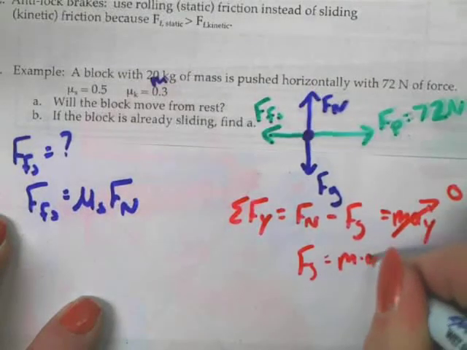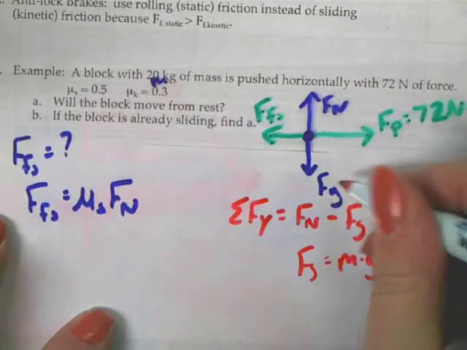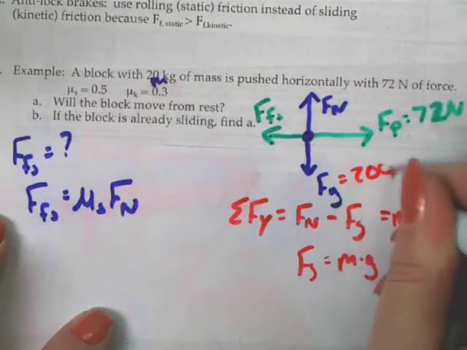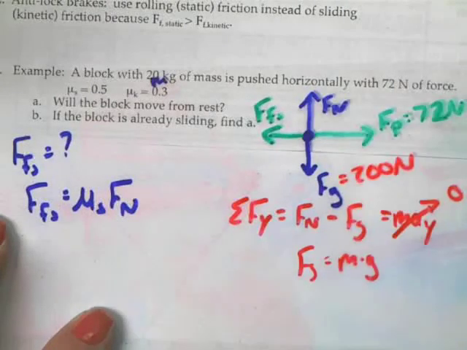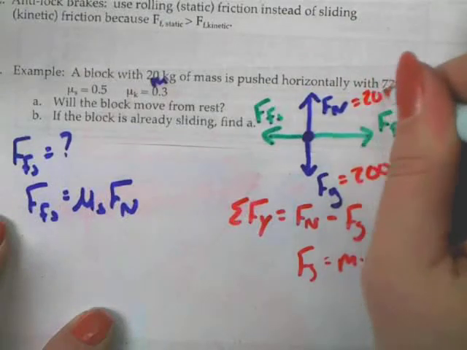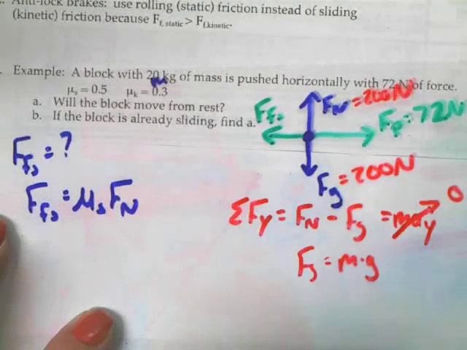The same. They're the same. How do we find the force of gravity? Mass times the acceleration of gravity. So 20 kilograms times 10 meters per second squared, 200 newtons. So if the force of gravity is 200 newtons, what's the normal force? 200.